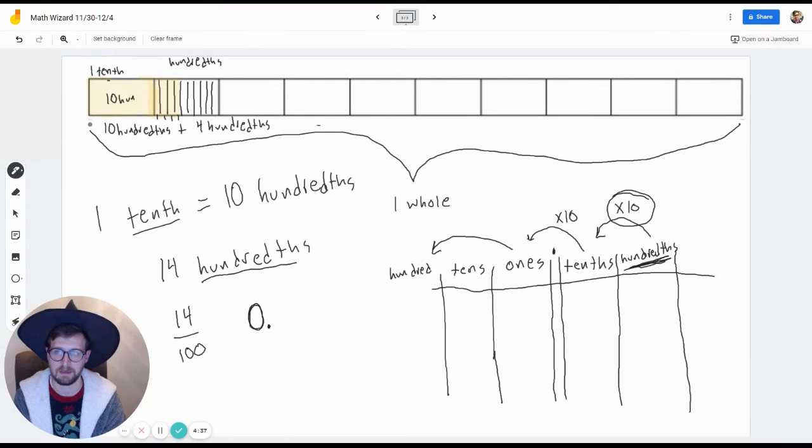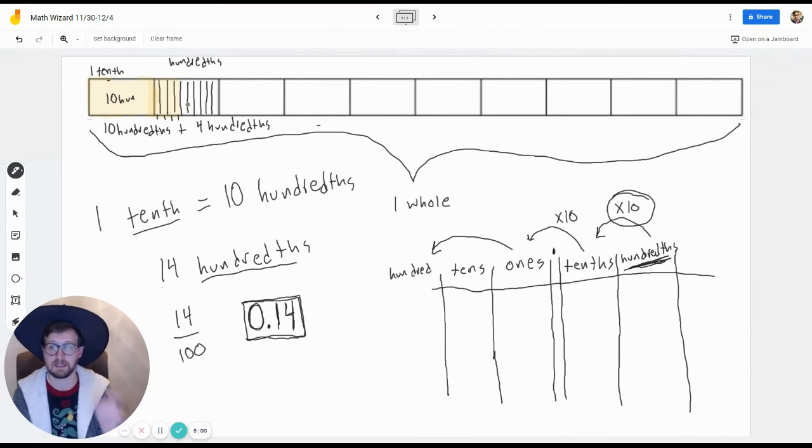Yeah, I've got 1 whole tenth here. So I'm going to write my 1 here, 1/10, and then how many hundredths after that? Well, I've got 4. 1/10 and 4 hundredths. Or, when I write it this way, 14 hundredths. I have 14 hundredths shaded in here.